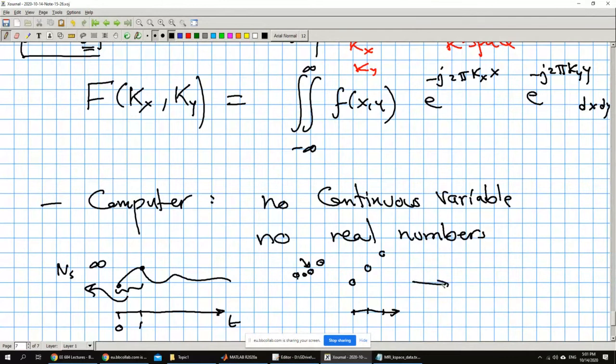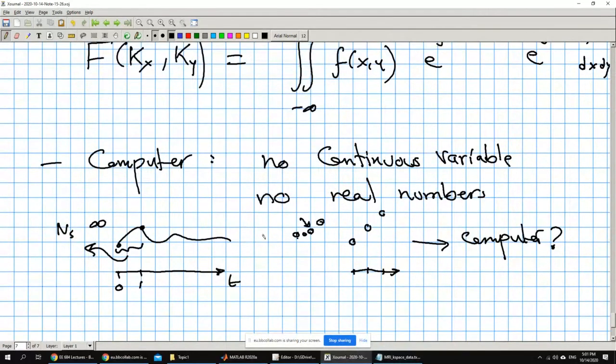Would that be enough to have it in a computer? If I do sampling, just sample this so that I can have a finite number of points, would it be enough if I have like 3 samples, a finite number of samples, to have these samples inside the computer?